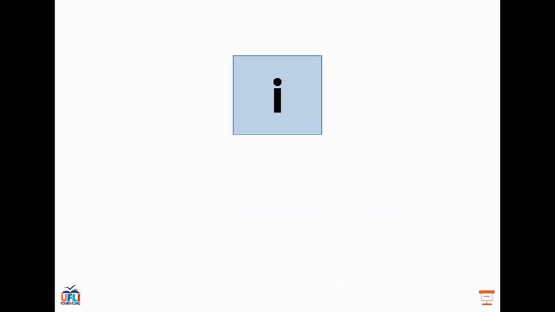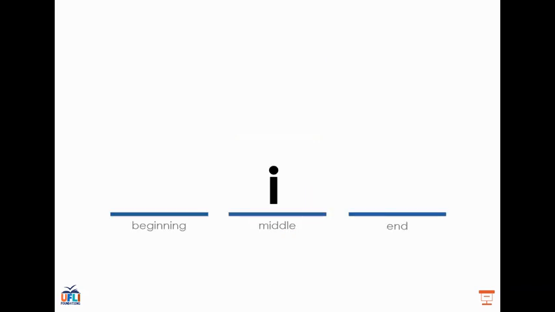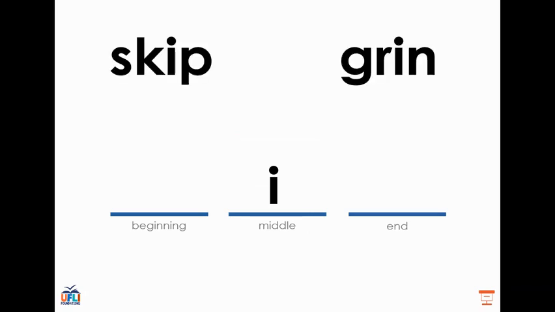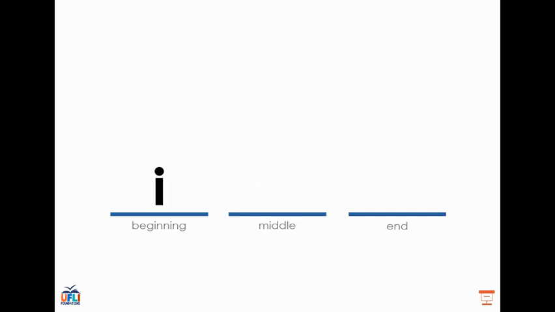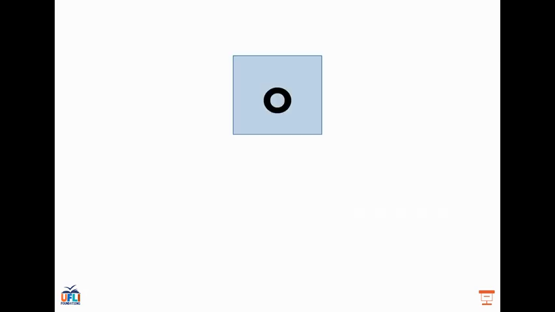The short vowel I spells i, like in the beginning of the word itch. I can come in the middle of a word, like in skip and grin, or at the beginning of a word, like in the words is and in.